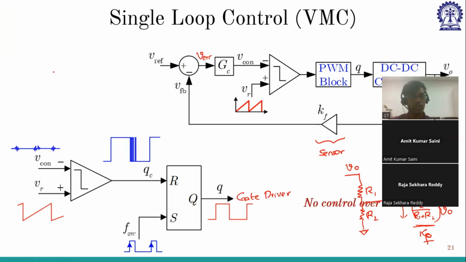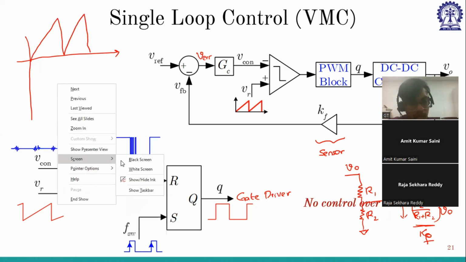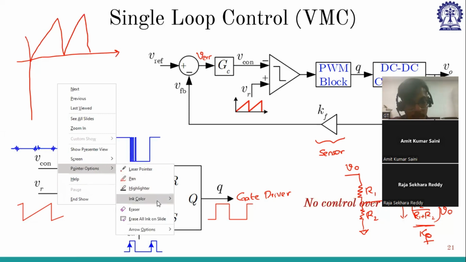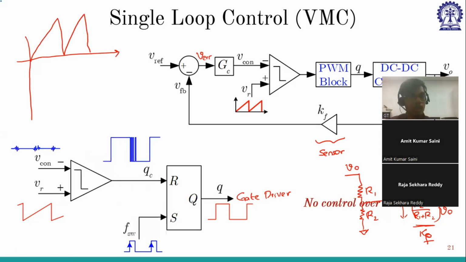Someone was asking me, if there is any noise, how are we going to eliminate it using the RS latch? So let me draw here. This is the ramp, VRamp, and the control voltage. Let me use blue color. So here we have some noise, and here also there is noise.